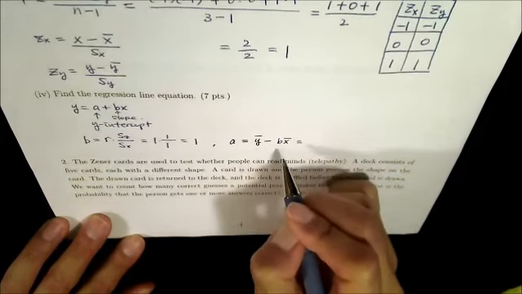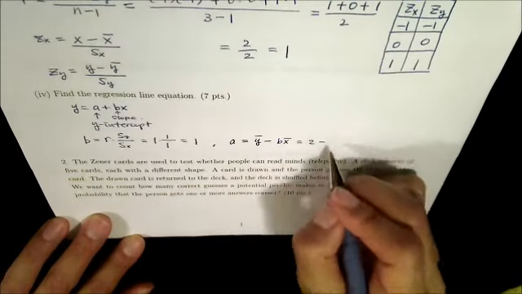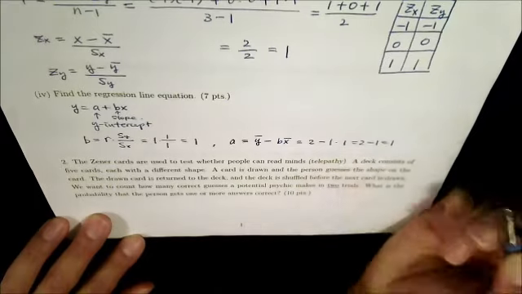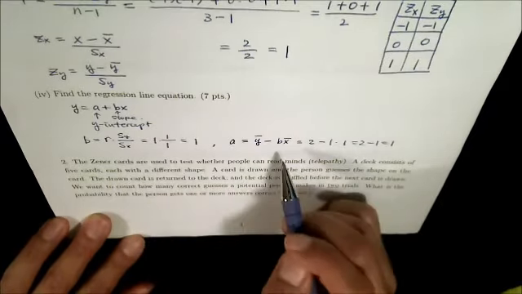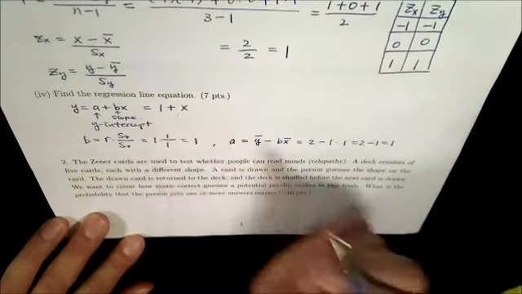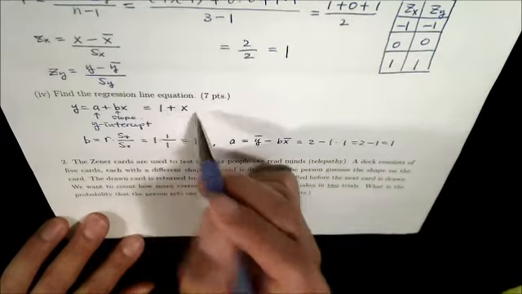Here y bar, the mean for y, is 2, minus b equals 1 times x bar, which is 1. So 2 minus 1 equals 1, right? So we have found a and b, which are both 1s. Very simple. Therefore, my regression line is y equals 1 plus x.